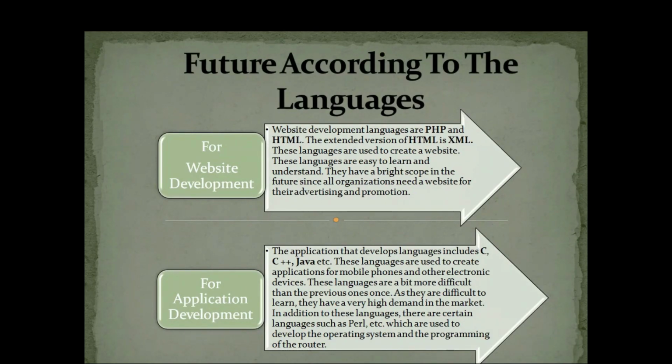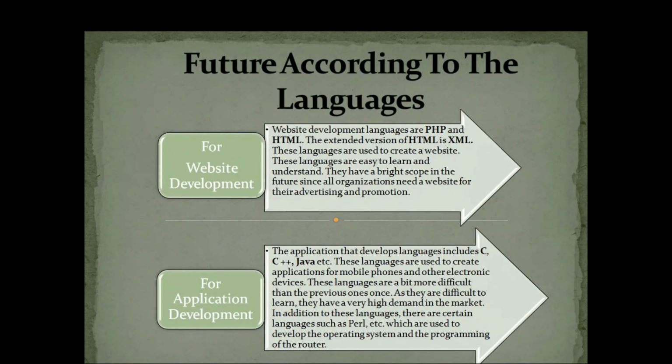So in this slide you will see the subtopic is future according to the languages. So what does that mean? Every language has its own capabilities, as I said earlier. So which language is best for which development?